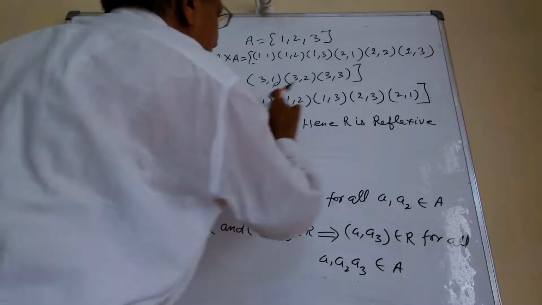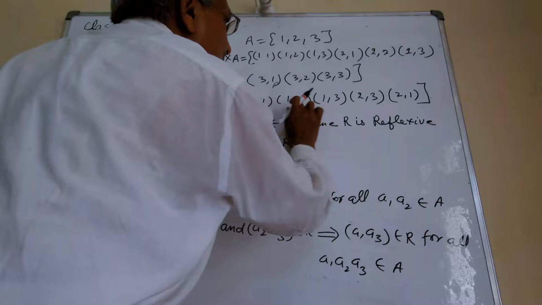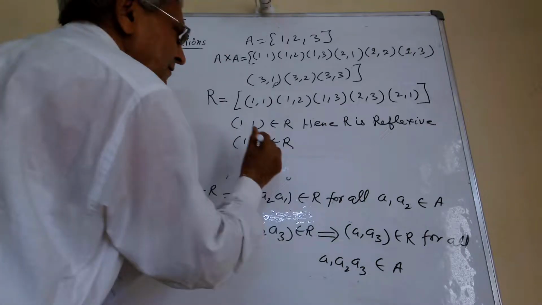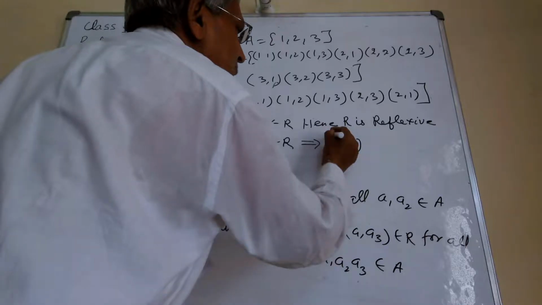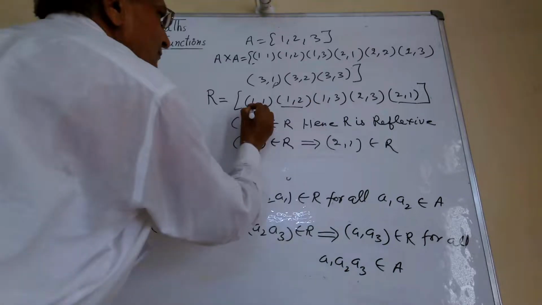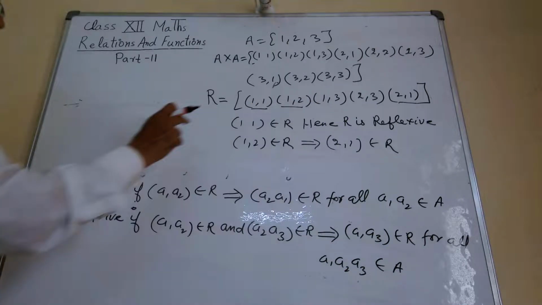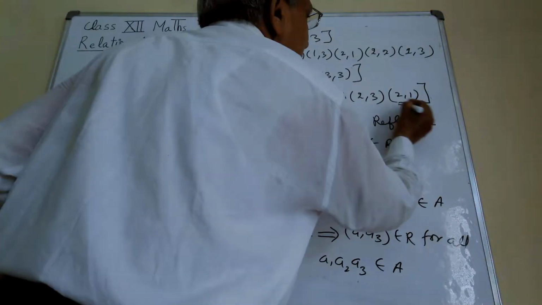This is (1, 2) and this is (2, 1). Both the pairs are present in R. This implies (2, 1) also belongs to R. Here you can see (1, 2), (2, 1) and (1, 1). This is the first condition. This is the second condition.